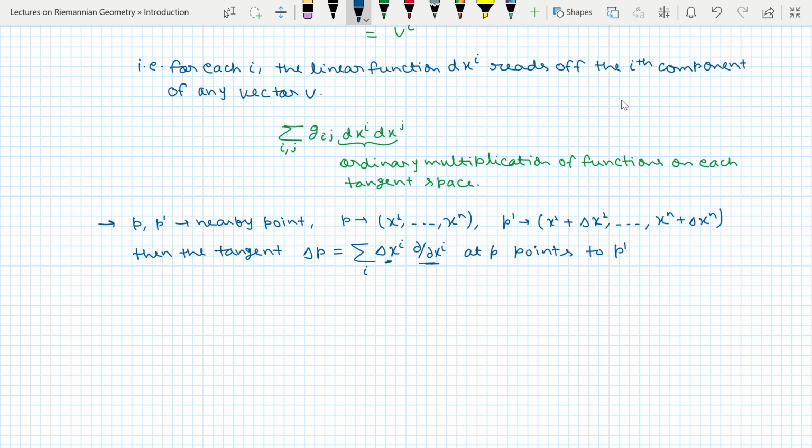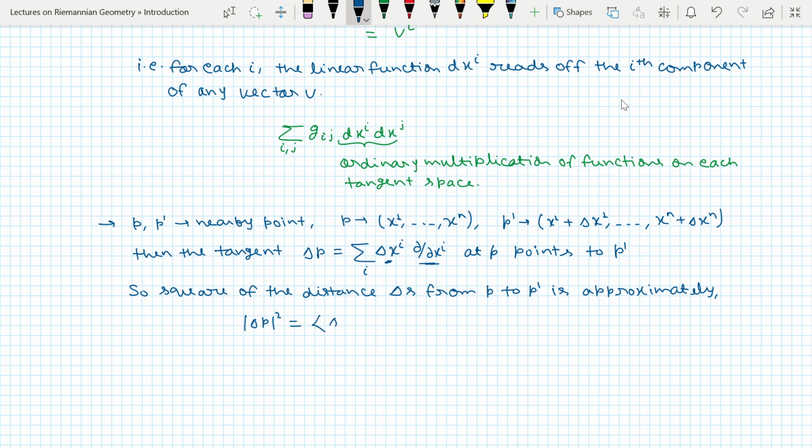So the square of the distance delta S from P to P dash is approximately equal to delta P squared.